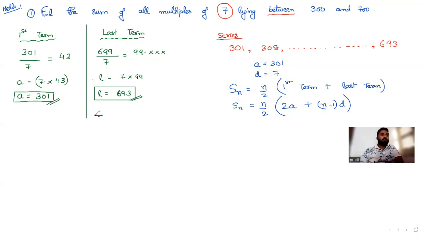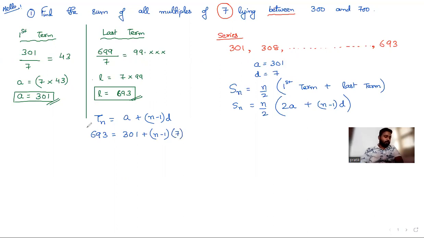So T of nth term, that is nothing but my last term, is equal to A plus n minus 1 into D. So last term is 693, where A is nothing but 301 plus n minus 1 into D. Now D is nothing but 7.